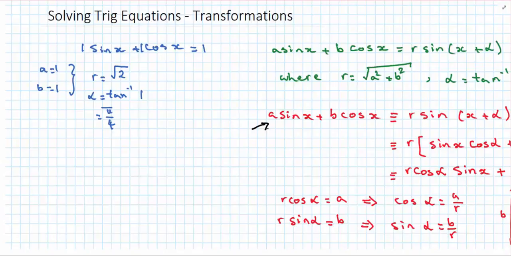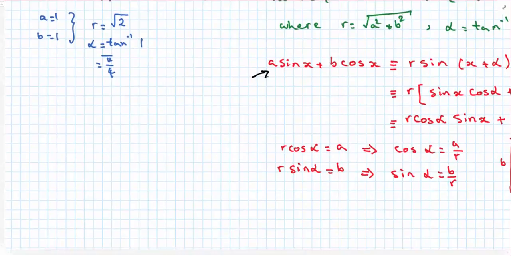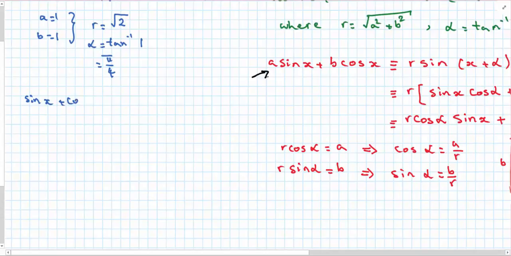So our original question can now be rewritten as, we had sine x plus cos x as root 2 sine x plus pi on 4. Now that's meant to equal 1.